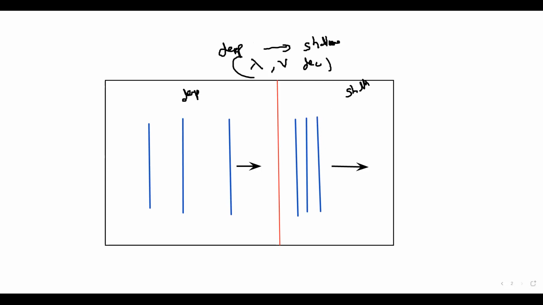But if the wave is making a certain angle, like part of the wave is in a deep region and part of the wave is in a shallow region, what will happen in that case? So this is a boundary for deep and shallow region, and these are the wavefronts.